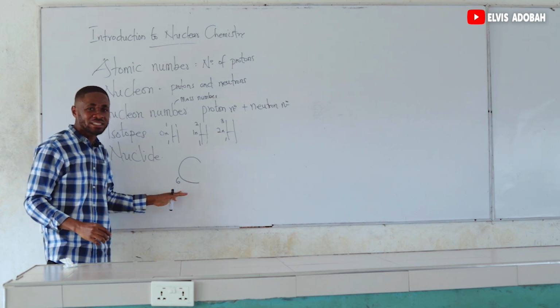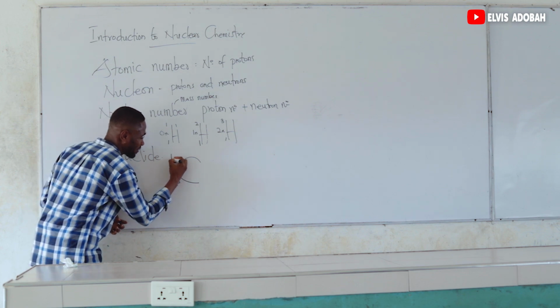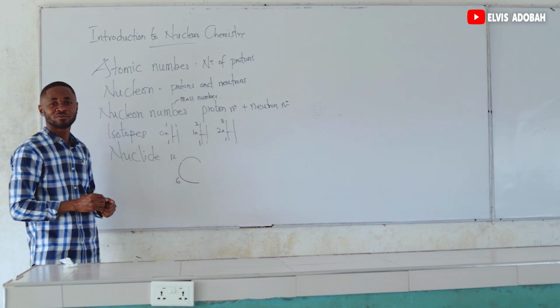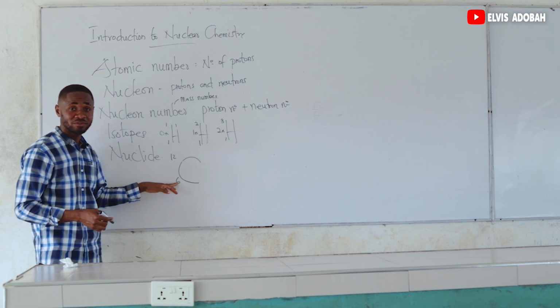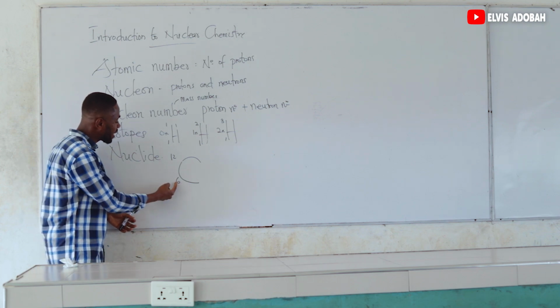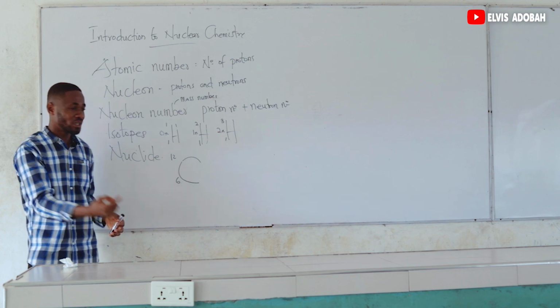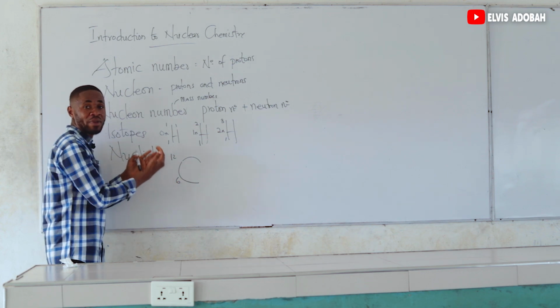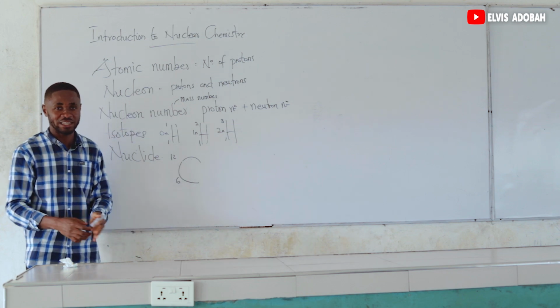So we can't say this is a nuclide. But the moment I write this, I know the atomic number, and when I subtract the atomic number from the mass number, I get my number of neutrons. So since I know my atomic number and my neutron number, I can say this one is a nuclide.